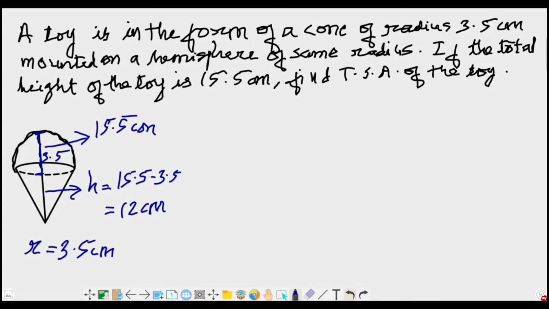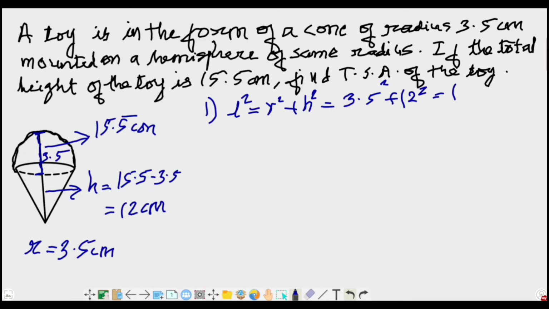Now the total surface area of the toy. The curved surface area of the upper cone and the curved surface area of the lower hemisphere are the only visible parts, so the TSA of the toy will be the CSA of both. But for the CSA of the cone we require the L. You know L square equals R square plus H square. Your R is 3.5 and H is 12.